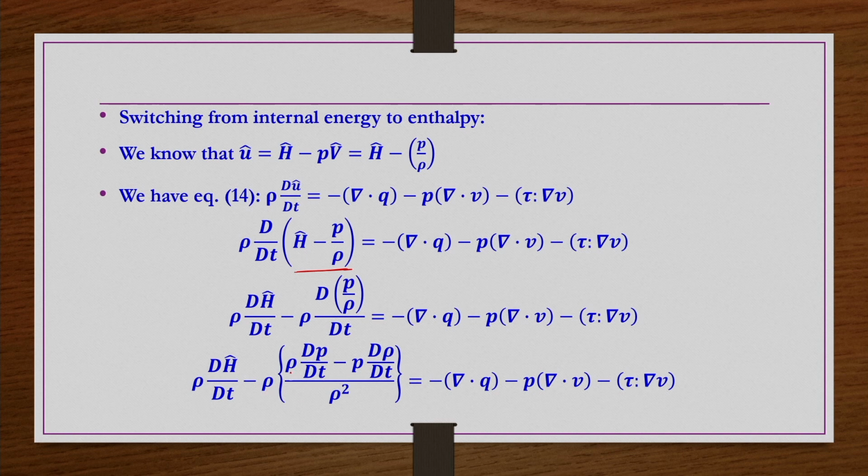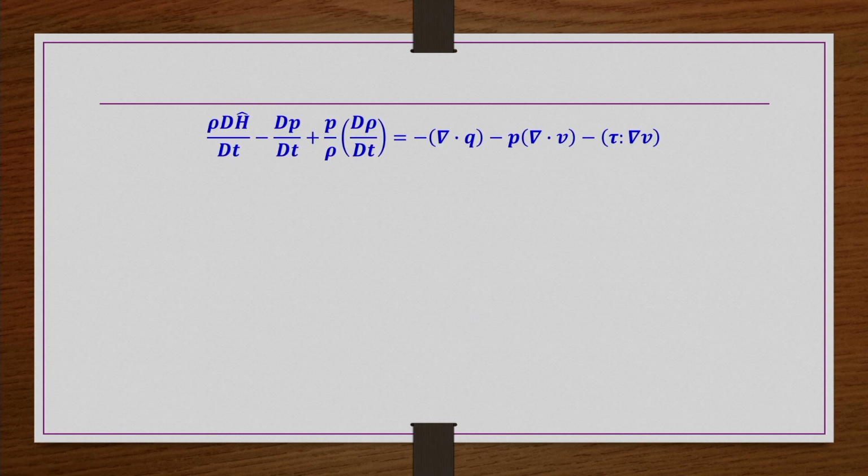If you bring this ρ inside, the ρ square cancels out, and here you have plus P by ρ dρ/dt. So, ρ DH̃/Dt minus DP/Dt plus P by ρ Dρ/Dt is equal to the right hand side terms as they are. We are not making any changes in the right hand side terms.